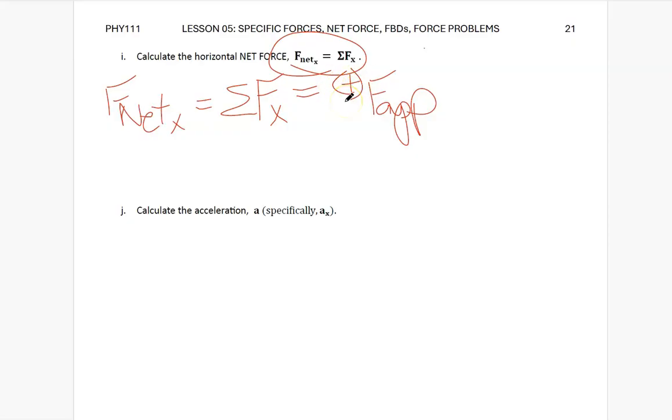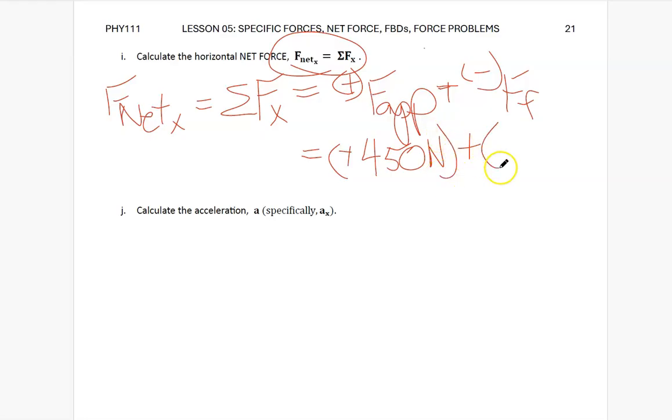We have a positive direction applied force and a negative direction frictional force. And we know the values of each of these. The applied force is a positive 450 newtons, and the frictional force is a negative 133.28 newtons. And we just add these up.